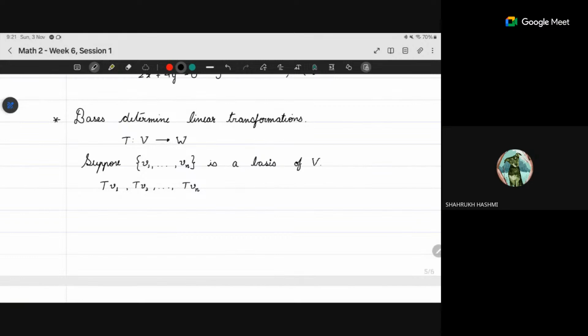Sometimes we just write TV1 without the brackets. Determines. What does that mean? If I tell you what the images of any basis are, then you can get information about the image of any vector.